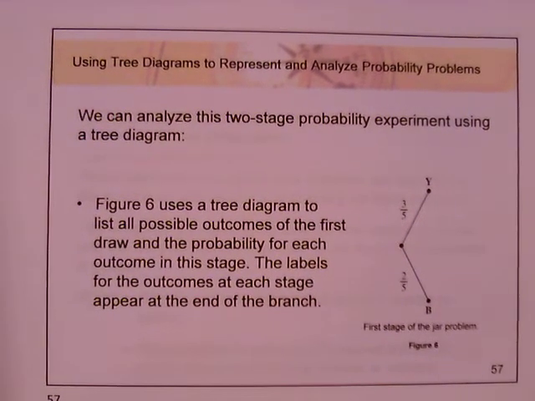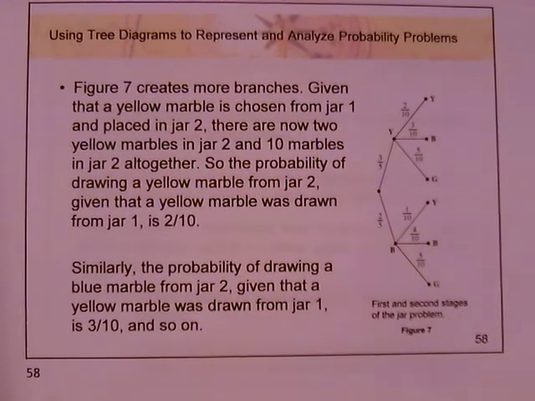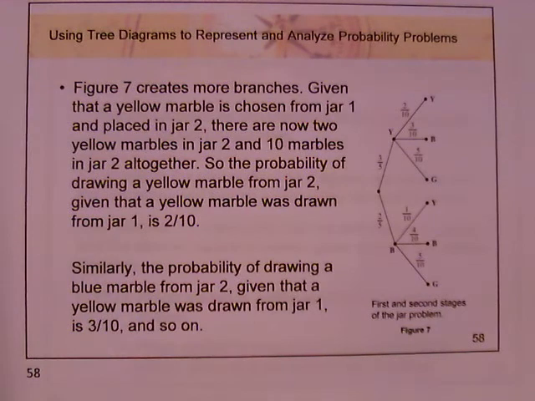Then the next figure on the next slide, you're going to see there are more branches that are created. Now, given that a yellow marble is chosen from jar 1 and then placed in jar 2, there will be 2 yellow marbles in the second jar and 10 marbles in jar 2 altogether. So the probability of drawing a yellow marble from jar 2, given that the yellow marble was drawn from jar 1, would be 2/10.